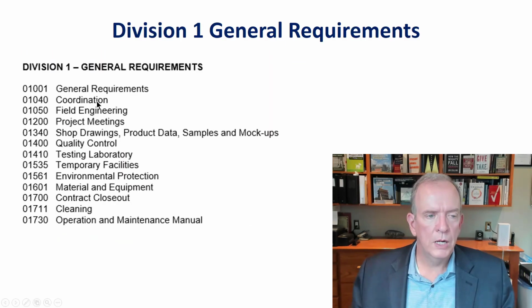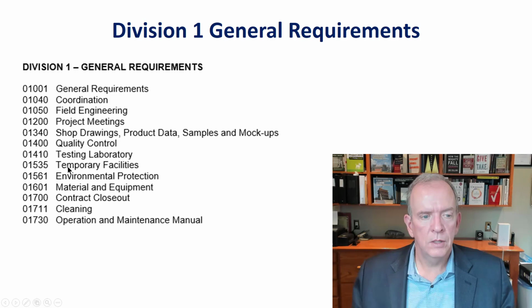So under the general requirements, you've got things like coordination, field engineering, project meetings, shop drawings. And we're going to be spending a fair bit of time in the upcoming chapters talking about project meetings and shop drawings and submittals and samples and mock-ups and quality control, all of these kinds of areas, and temporary facilities, site logistics, contract closeout.